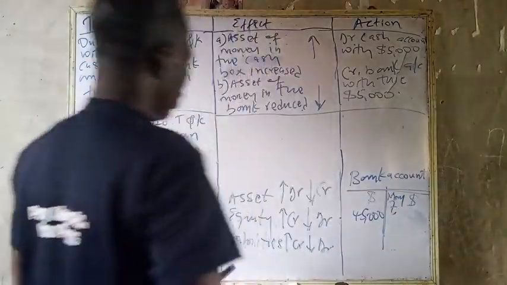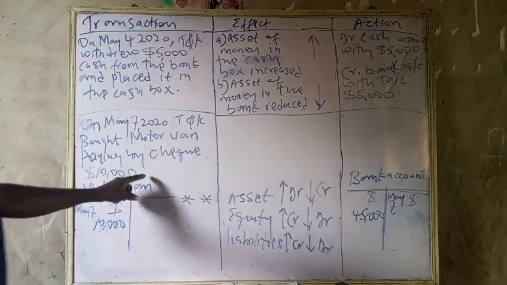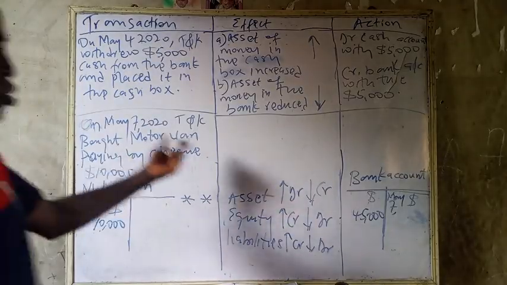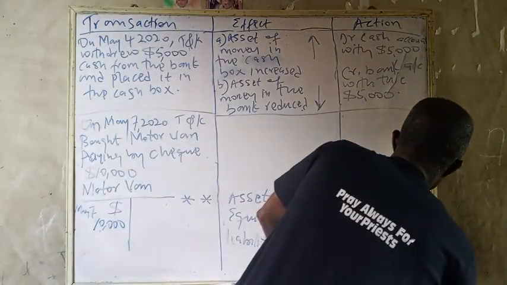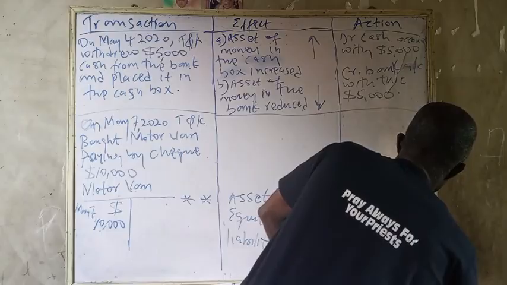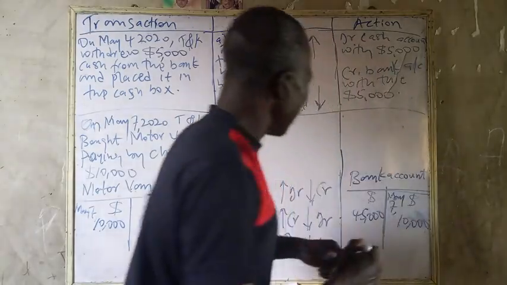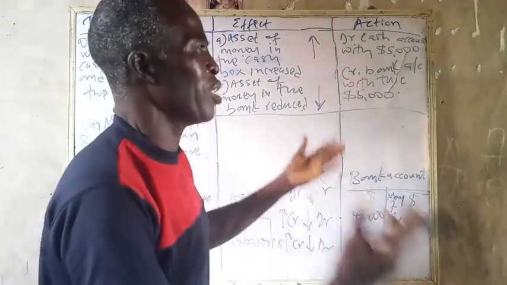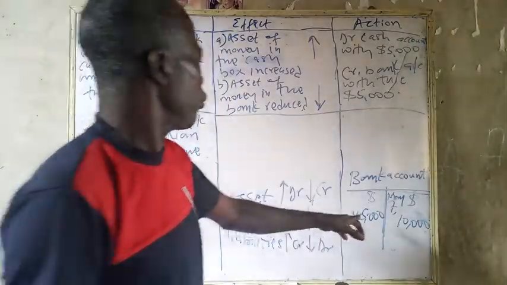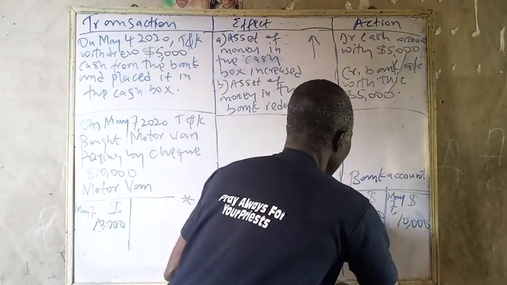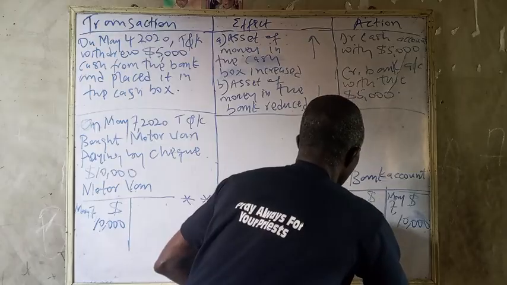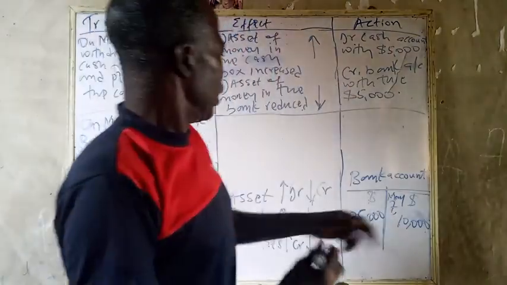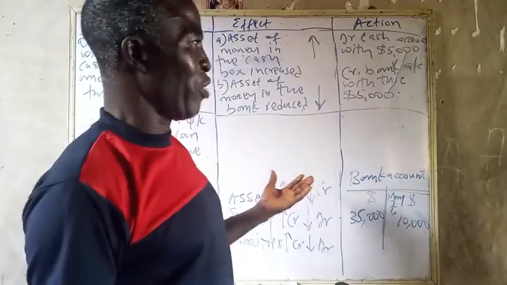It reduced further. You still went to the bank and collected 10,000 to buy the motor van, $10,000. So $10,000 here. When the assets of money in the bank reduce from 45 to 35, you can see 35 plus 10 is 45.